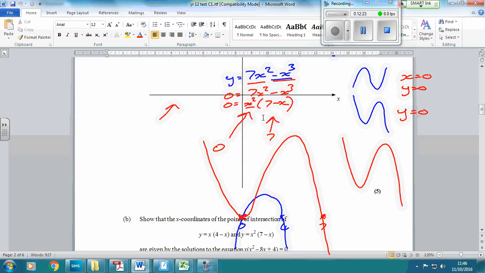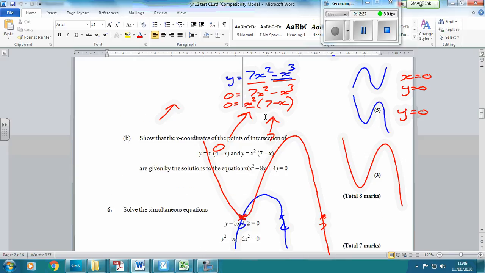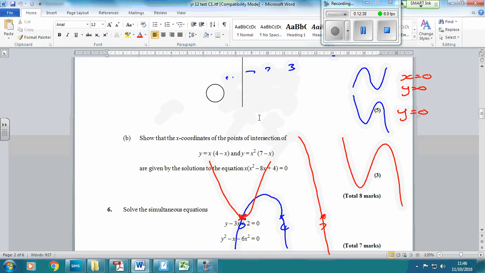Now the next question, it says, show that the x-coordinates of the points of intersection of these two things are given by the solutions to this equation.